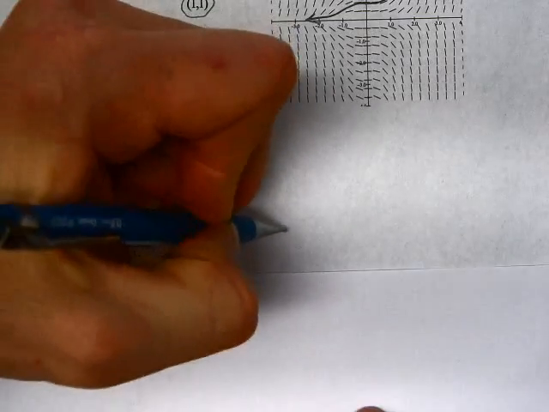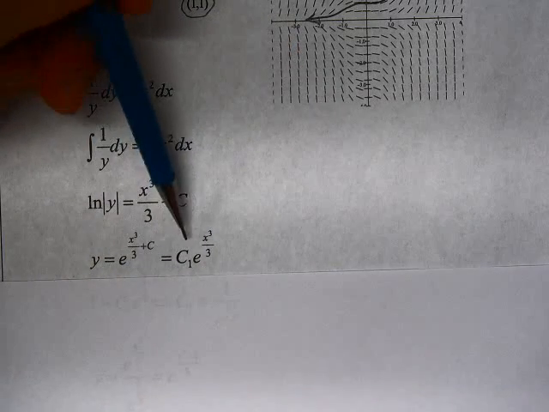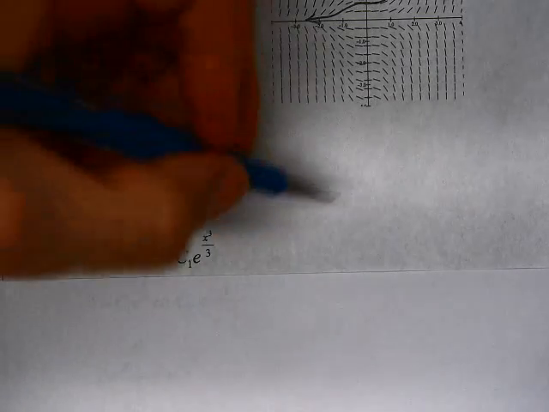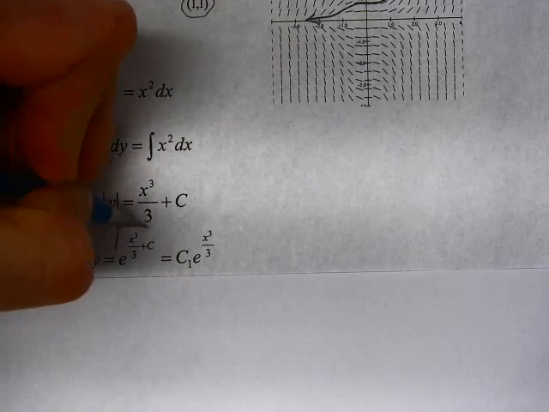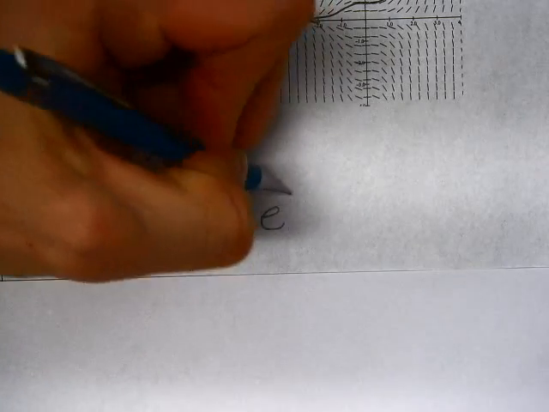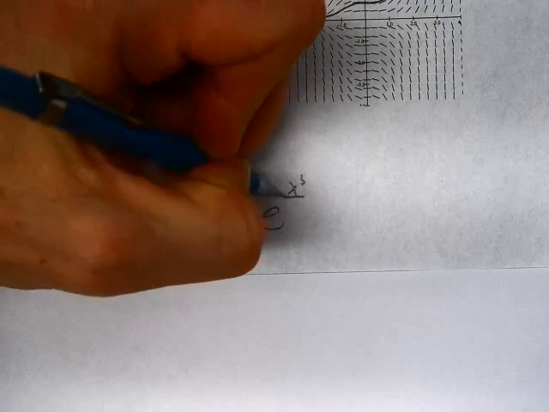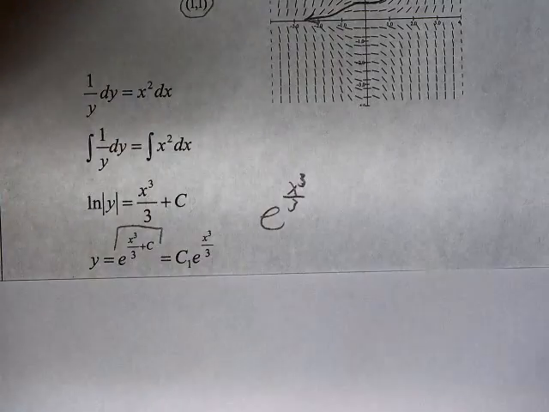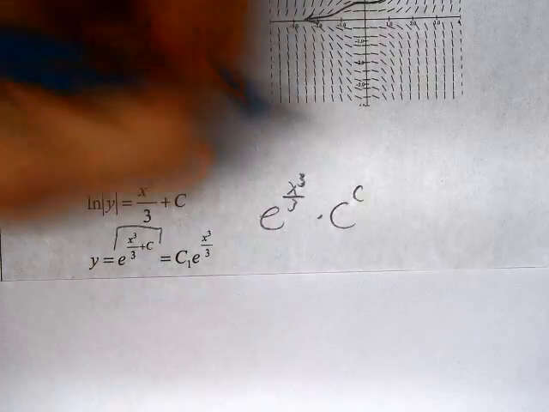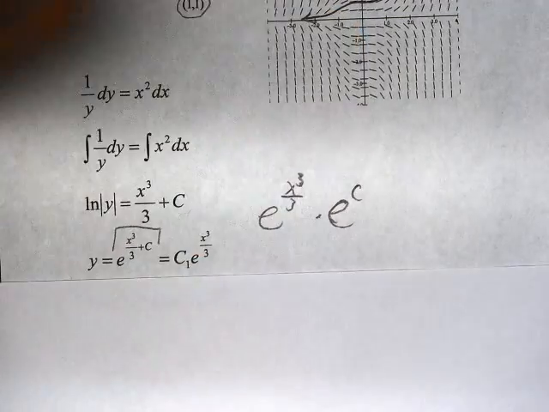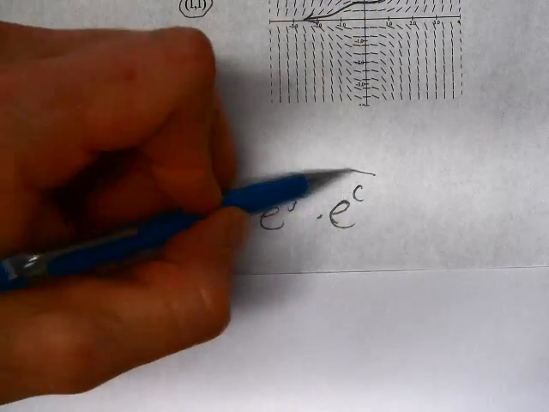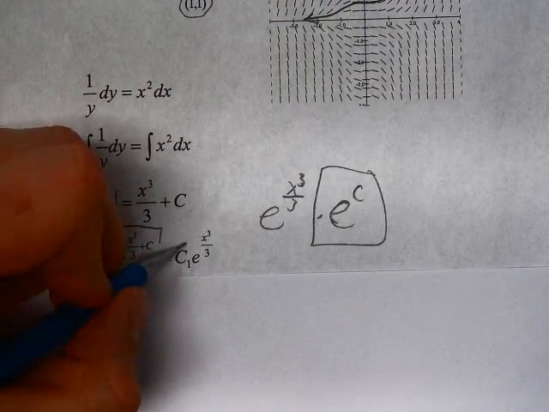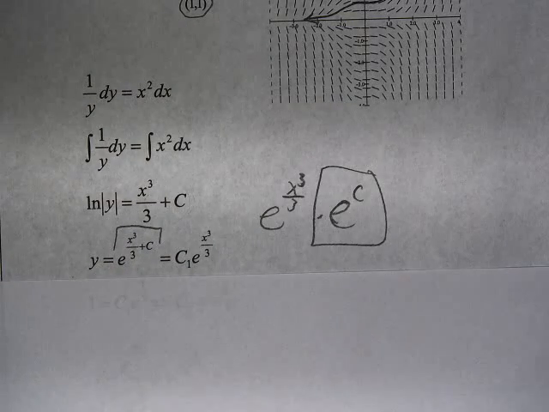As an aside, the way I went from this step to this step is that this part here is e to the x cubed over 3 times e to the c. This is just some other constant that I've renamed here c sub 1.